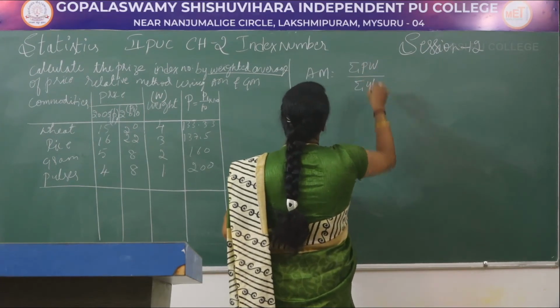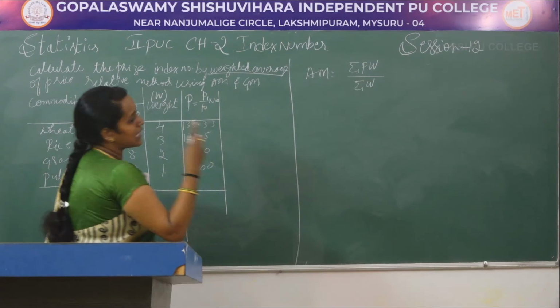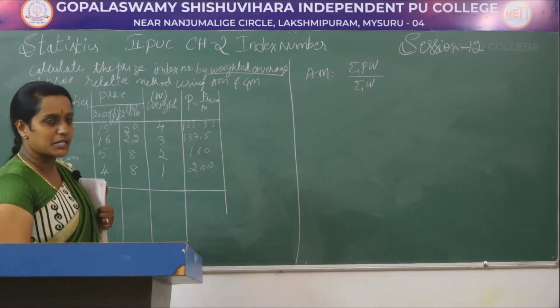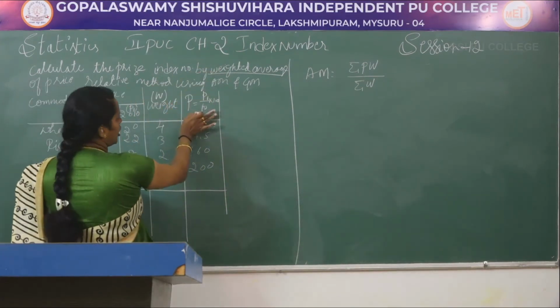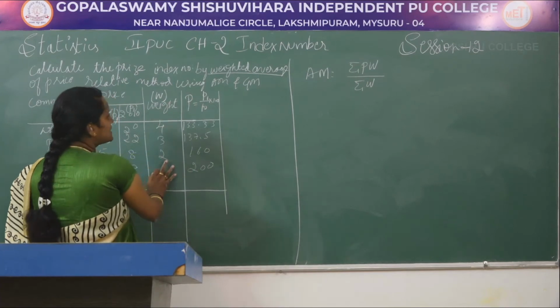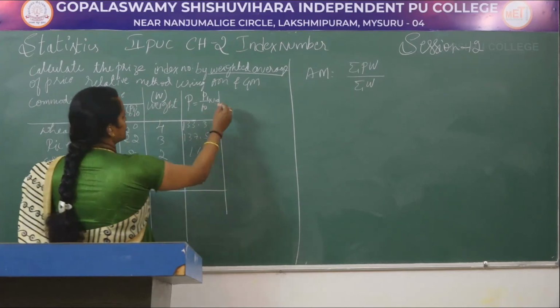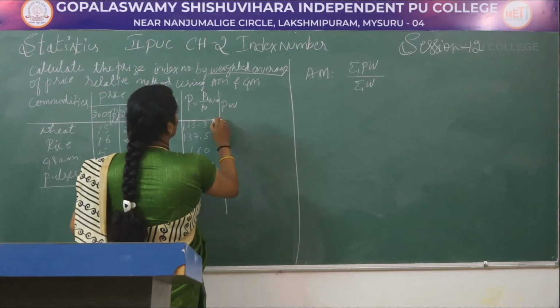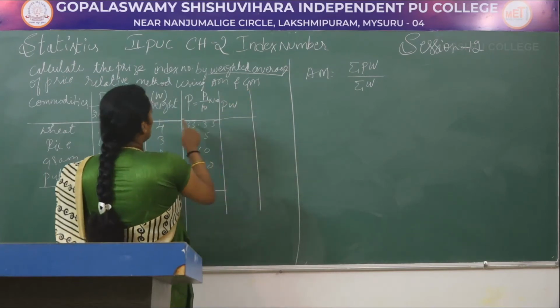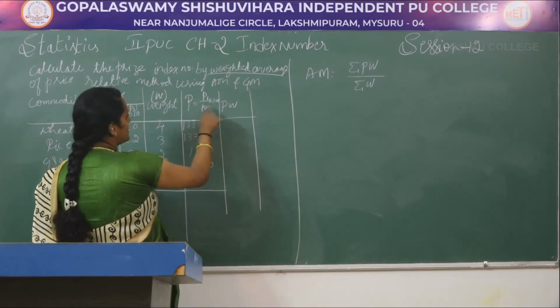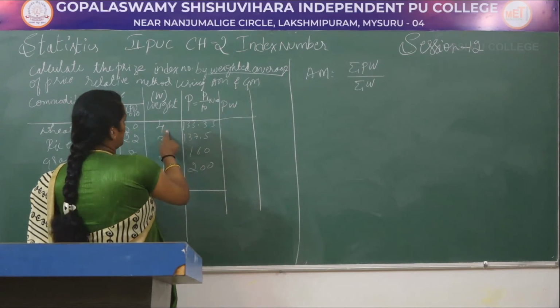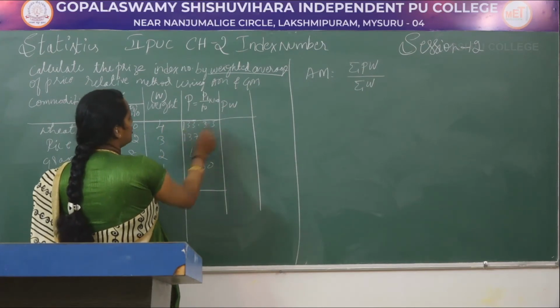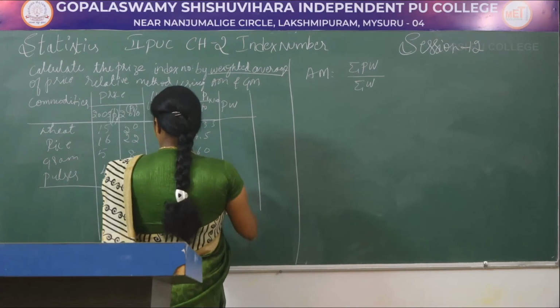Next, the formula to calculate AM is the summation of P into W divided by the summation of W. Capital P is nothing but the price relative. That price relative column should be multiplied by the weights W and we take the summation. These two columns we multiply and take the product.